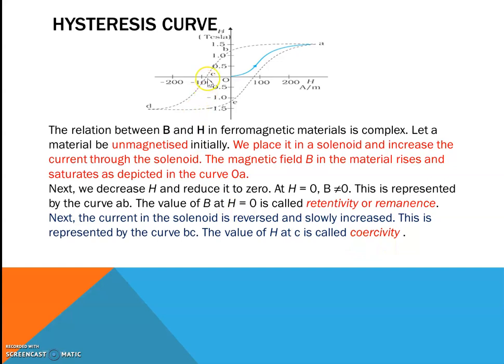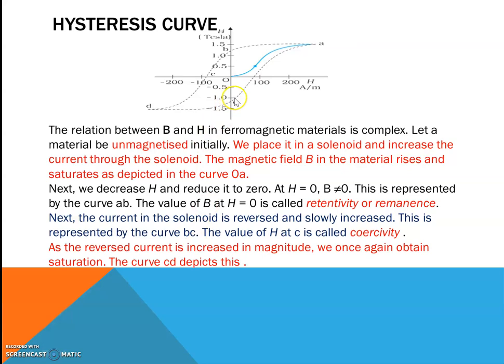Now if we further increase the current in reverse direction as shown in curve C to D, magnetic field induction reaches its maximum value in reverse direction. If we further decrease the current in reverse direction, D to E, we have again a value of B, that is magnetic field induction at 0 magnetization.